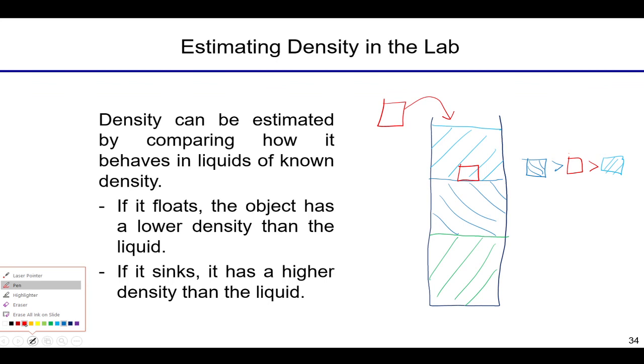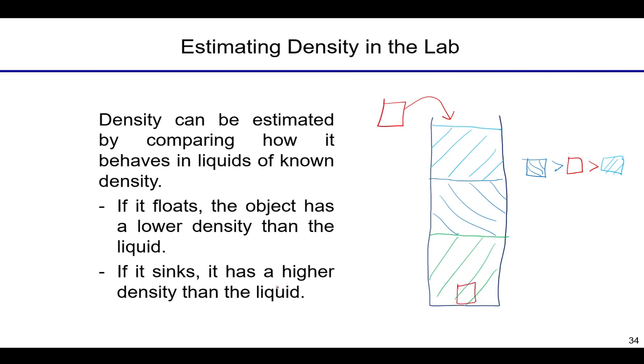And if the block instead settles out here, then it's a density less than the green and greater than the middle water in this case. And if it goes all the way to the bottom, then the density is greater than all of them.